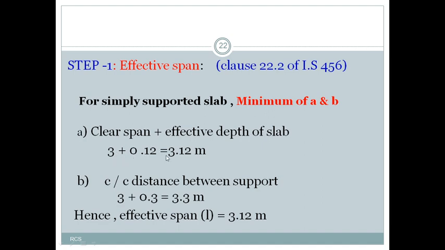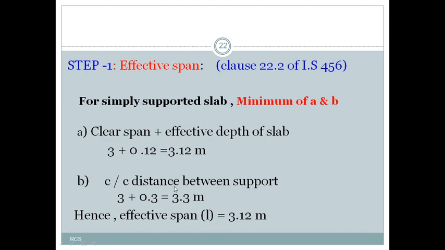Then 3 plus 0.12 is 3.12 meters, and the center to center distance between supports is 3 plus 0.3, that is 3.3. We can consider the minimum of these two values as the effective span for the simply supported slab.